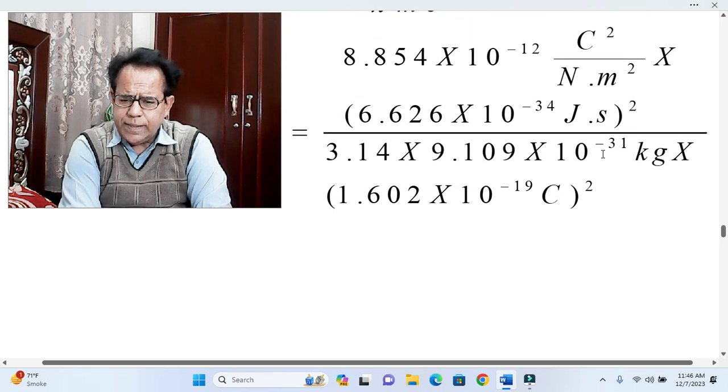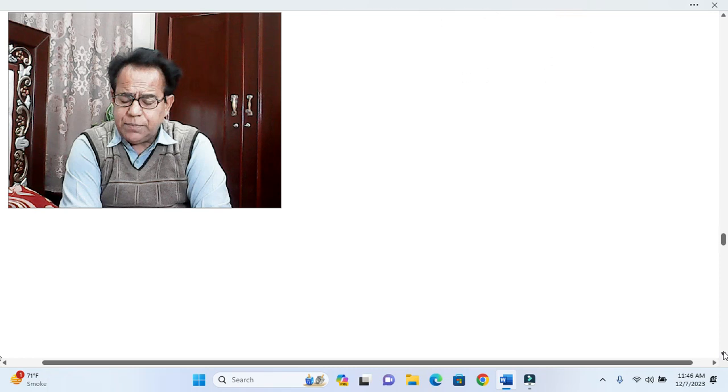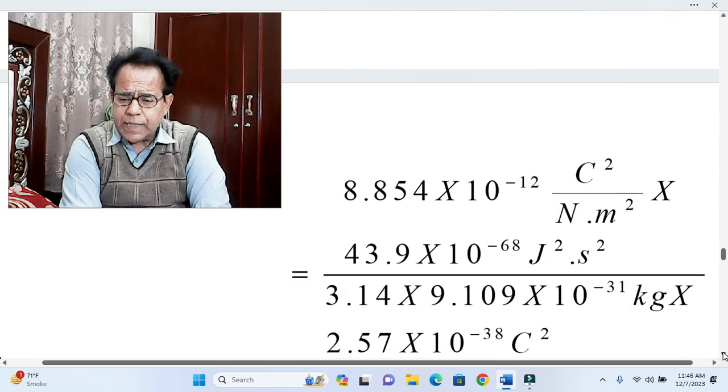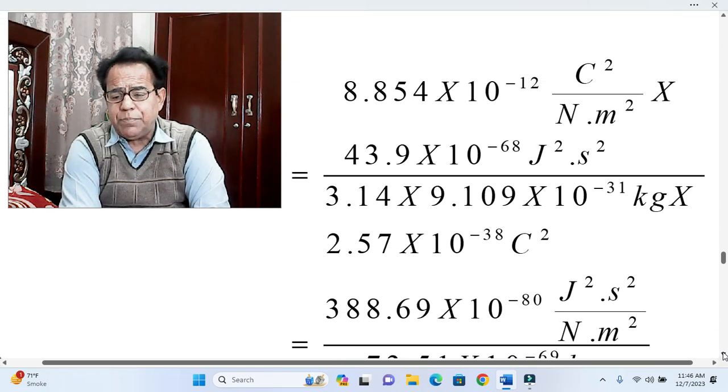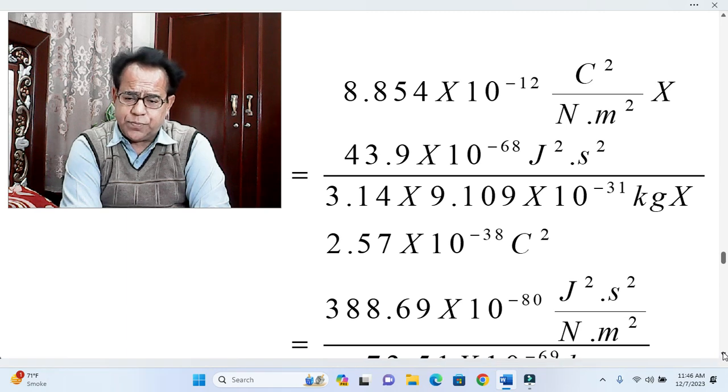Okay, dear students, this portion has been converted into this portion after cancellation of some factors and some conversion factors.